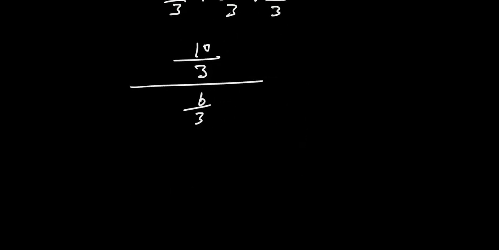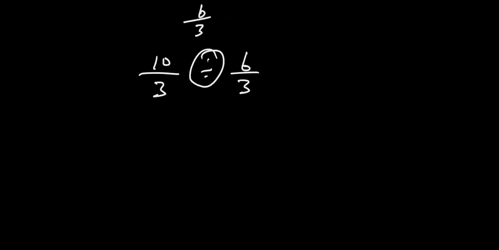This can also be written as 10 over 3 divided by 6 over 3. If we change this to multiplication, we're going to have 10 over 3 times 3 over 6.